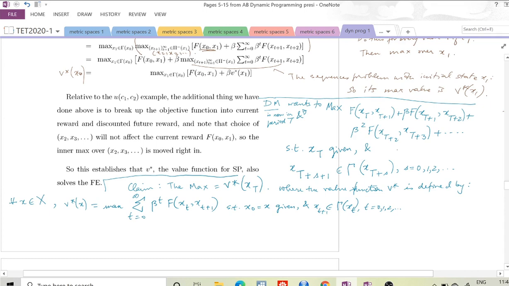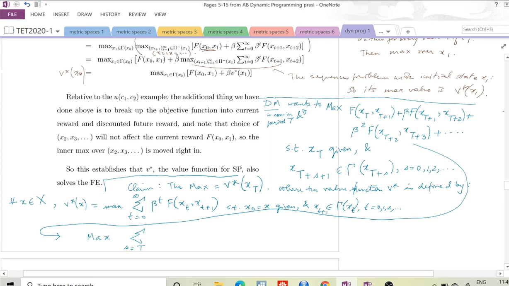So we rewrite this as: maximize the summation starting at capital T. So let's say our index now is small s.